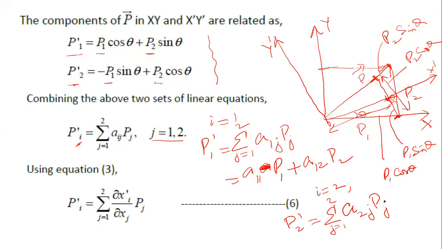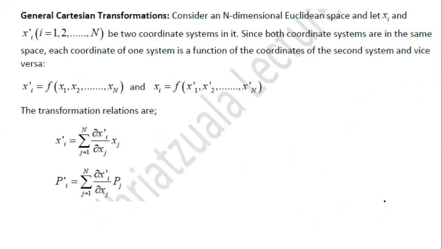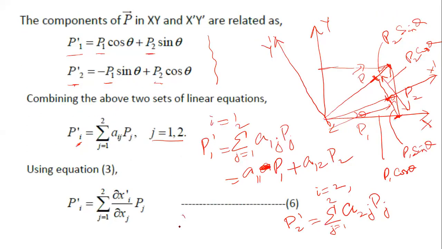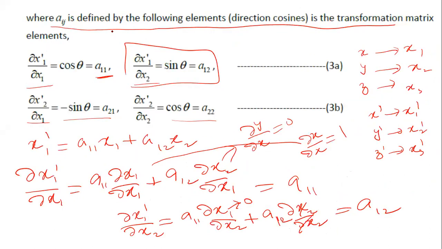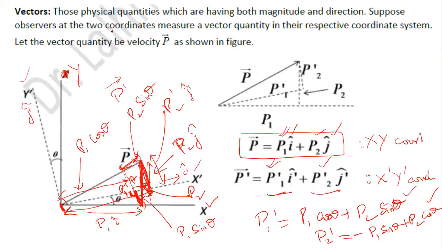And like in the previous calculation, you can see that your Aij is del xi prime upon del xj. Just like we discussed here, we have already discussed that Aij is equal to del xi prime upon del xj, following the previous coordinate transformation relation.